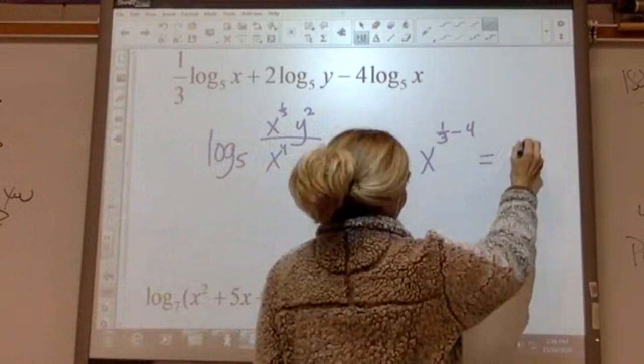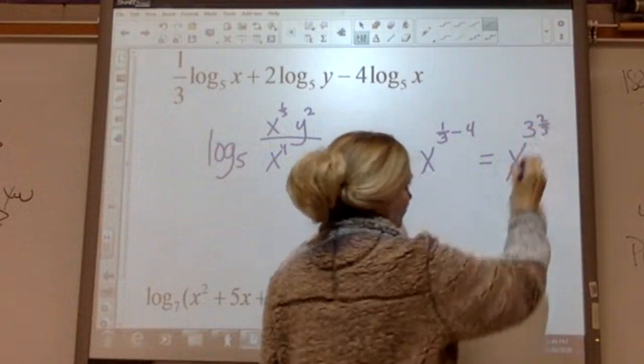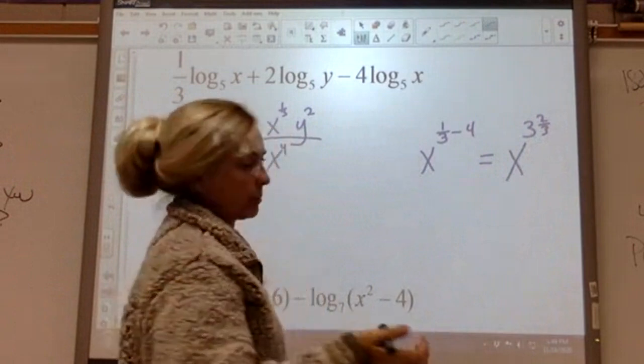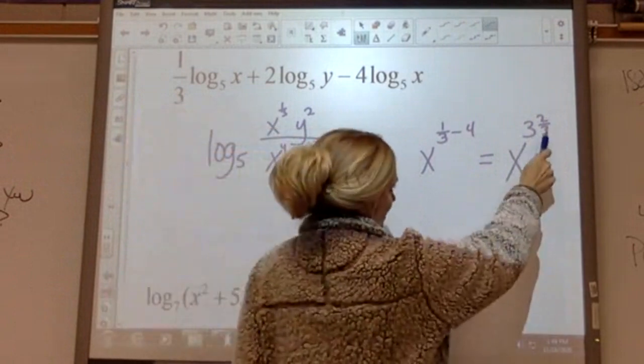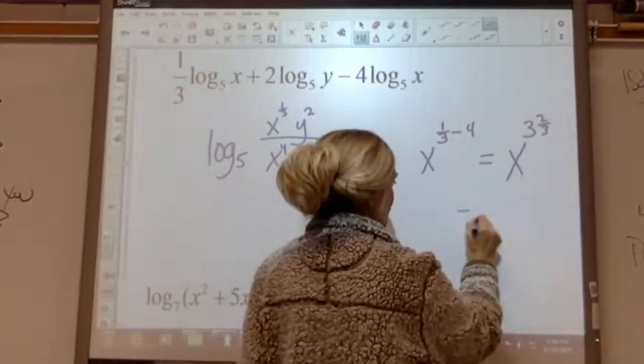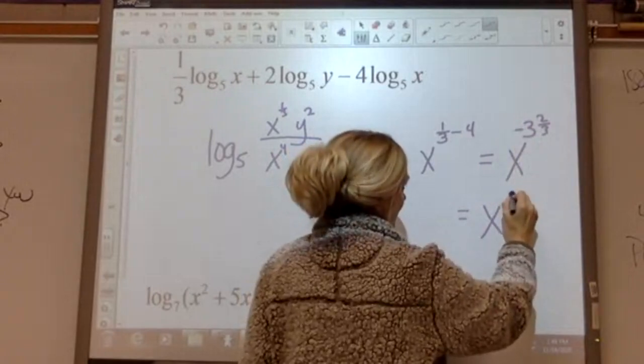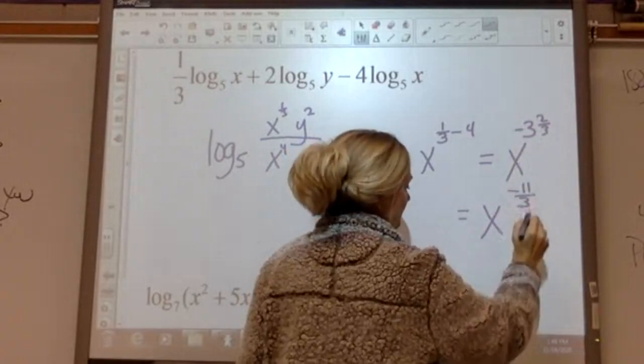So this is really x to the 3 2/3, but we wouldn't write a mixed number. We would write it as an improper fraction. So this is 3 times 3 is 9, and then add the numerator, that makes 11. So this is really x, and it's a negative. This is x to the negative 11 thirds.